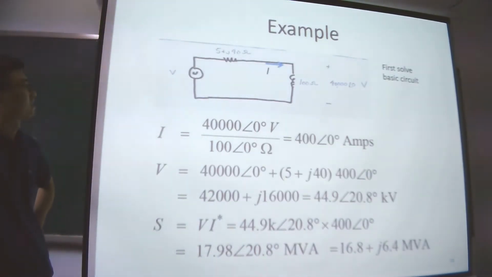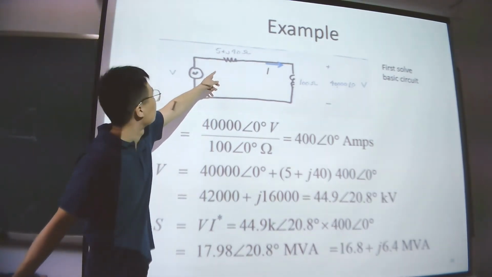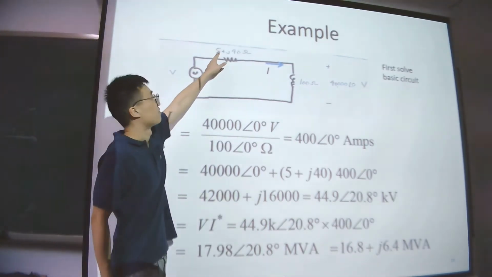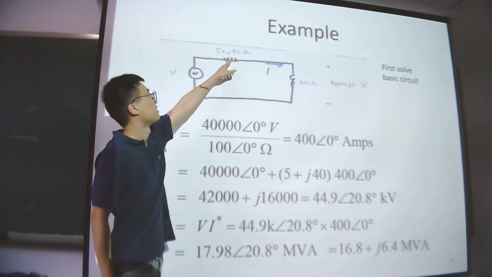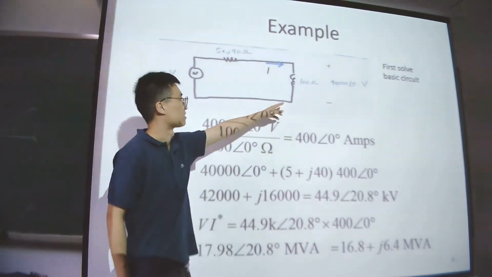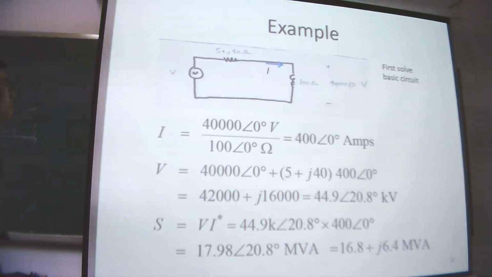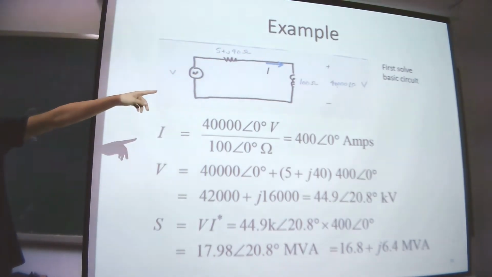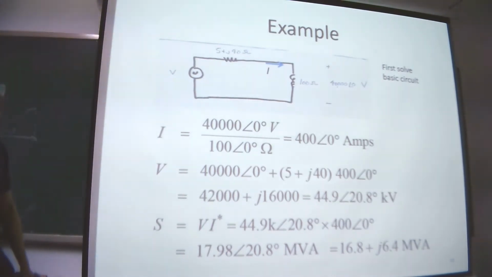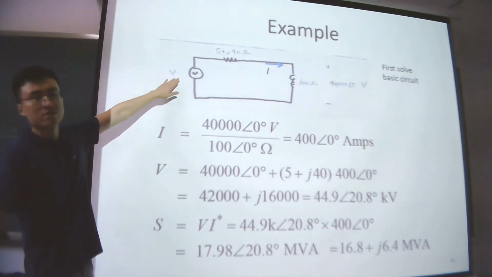Given this, this is the 5, right? Plus J40, J40, and this is the 100. So this total is 105 plus J40. And this is the 40,000 with 0 degree voltage source, right?